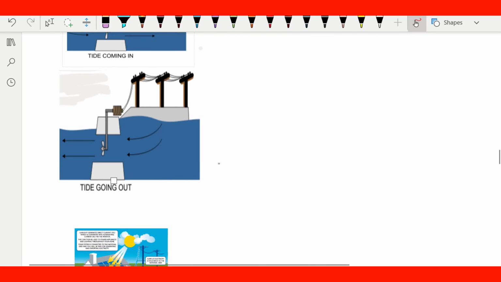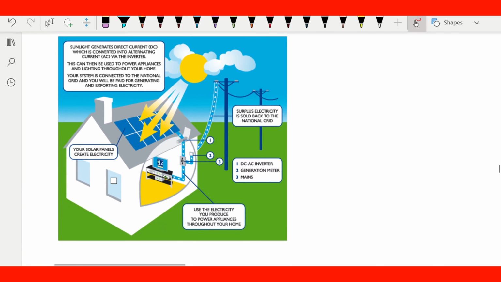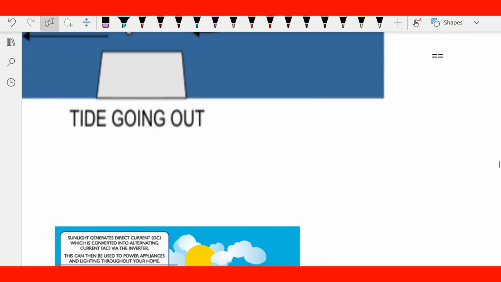So now what about the solar panel? Solar panel is like this. Sunlight generates direct current, which is converted to AC with an inverter. This can be used to power appliances and lighting throughout the house, and if there is surplus, it can be channeled back to the national grid.